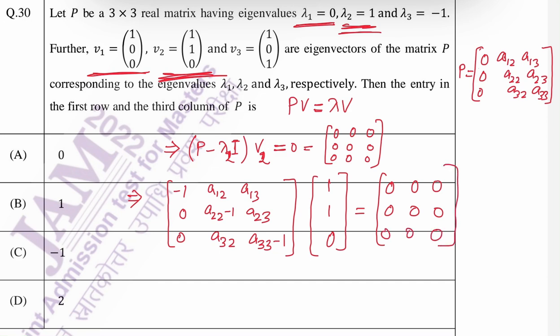Okay, so now again compare the same. This time comparing, we have -1 plus a12 equals 0, second will be a22 -1 equals 0, and the third will be a32 equals 0.